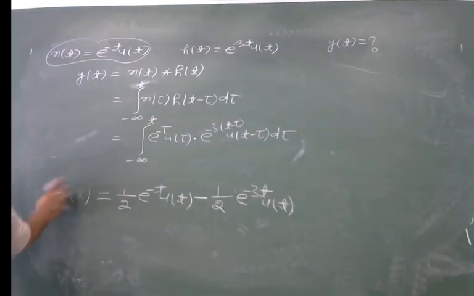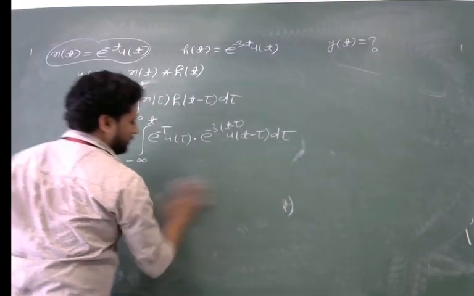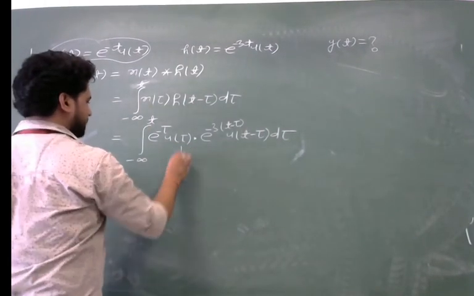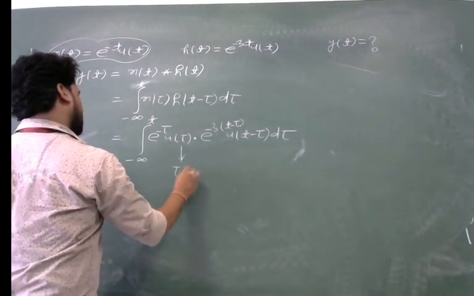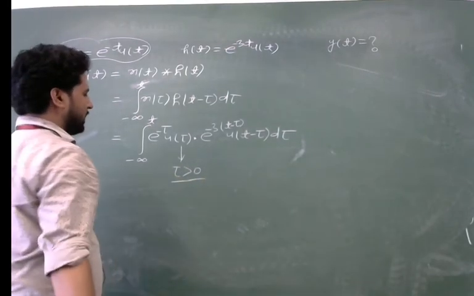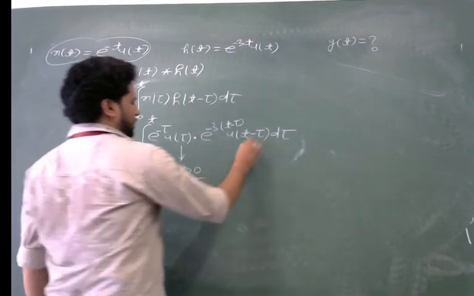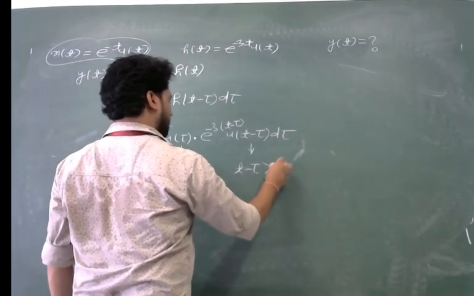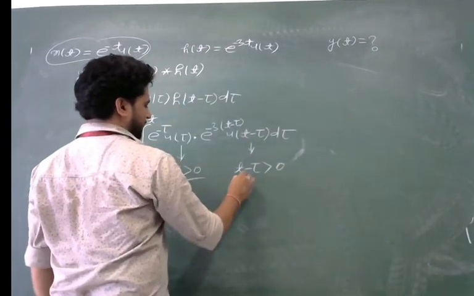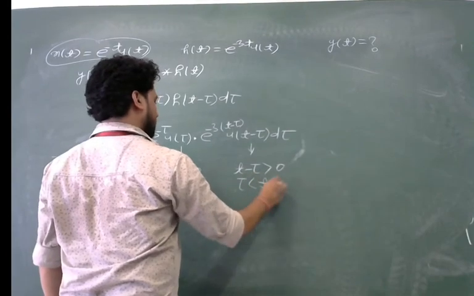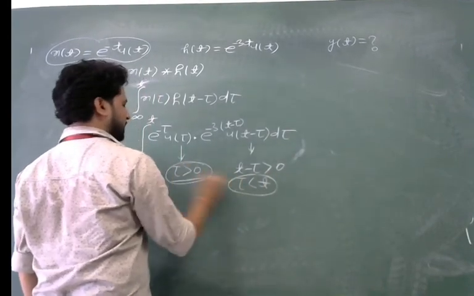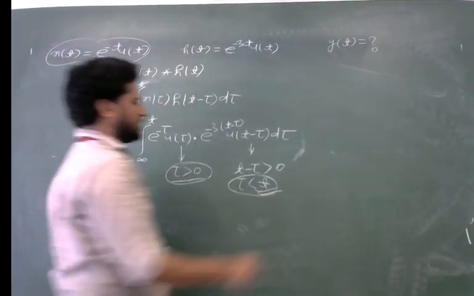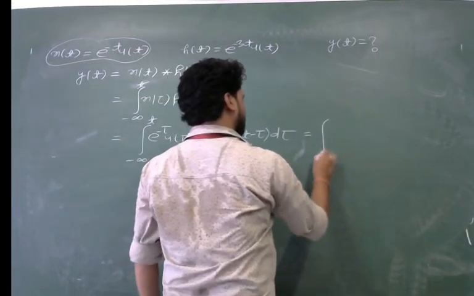Here u(tau) will exist only for tau greater than 0, and u(t minus tau) will exist for t minus tau greater than 0, or tau less than t. So tau should be greater than 0 and less than t, which means the limit now will be from 0 to t.